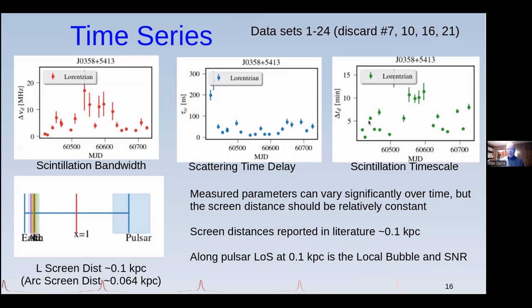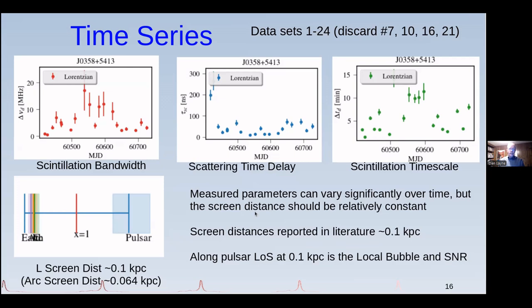The time scale is in minutes, averaging around 3 to 5 minutes. There's going to be significant variation in the parameters of individual observations because the dynamic spectra are different and the pulsar is acting differently. What does not change is our screen distance.